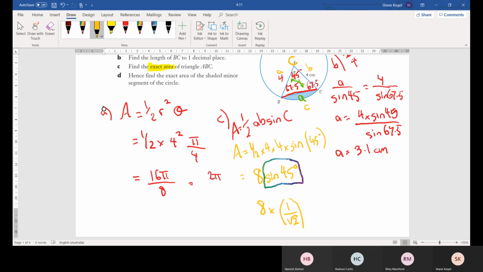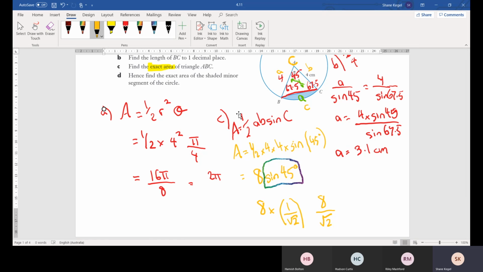So I'm going to get 8 on root 2. All right, so that's our answer there.